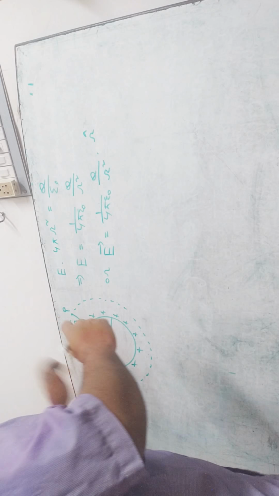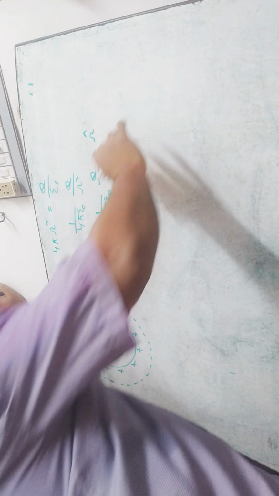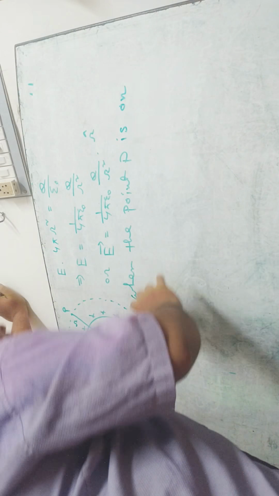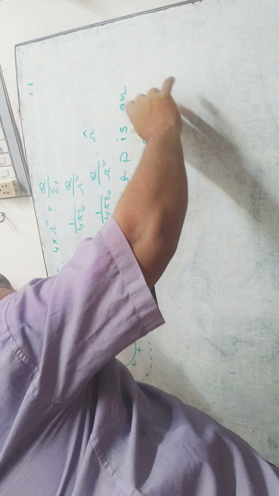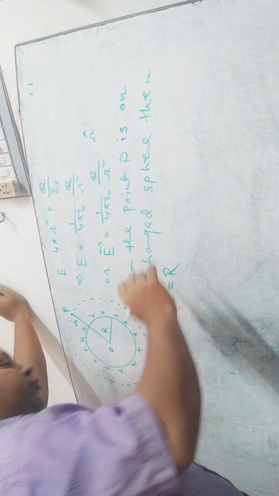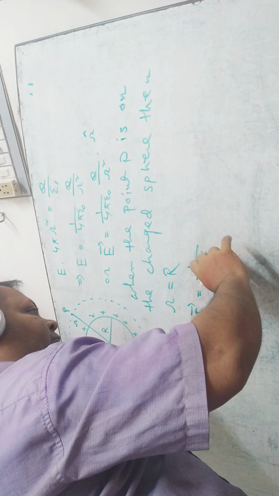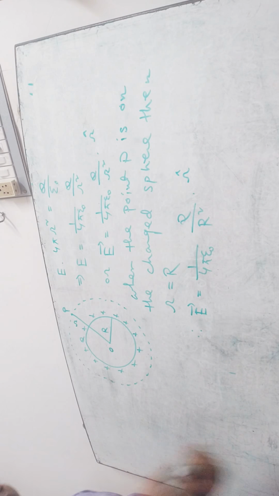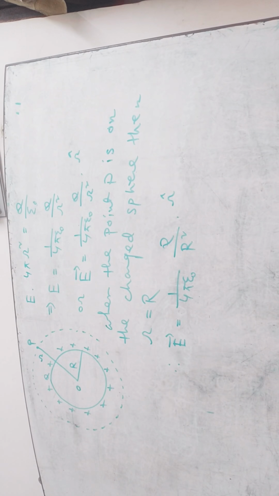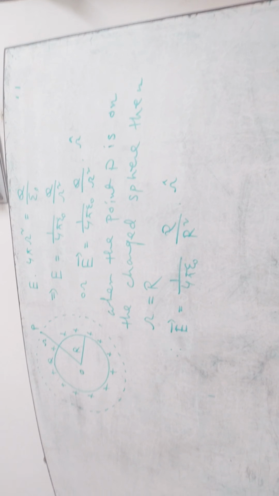That is, when the point P is on the charged sphere, then small r is equal to capital R. Therefore, capital E vector is equal to 1 by 4 pi epsilon 0 capital Q by r square into r vector.